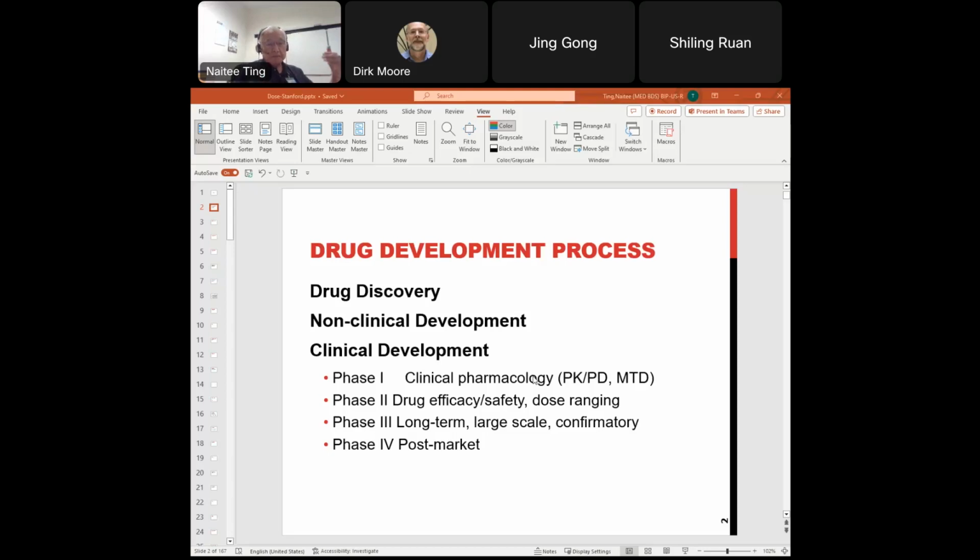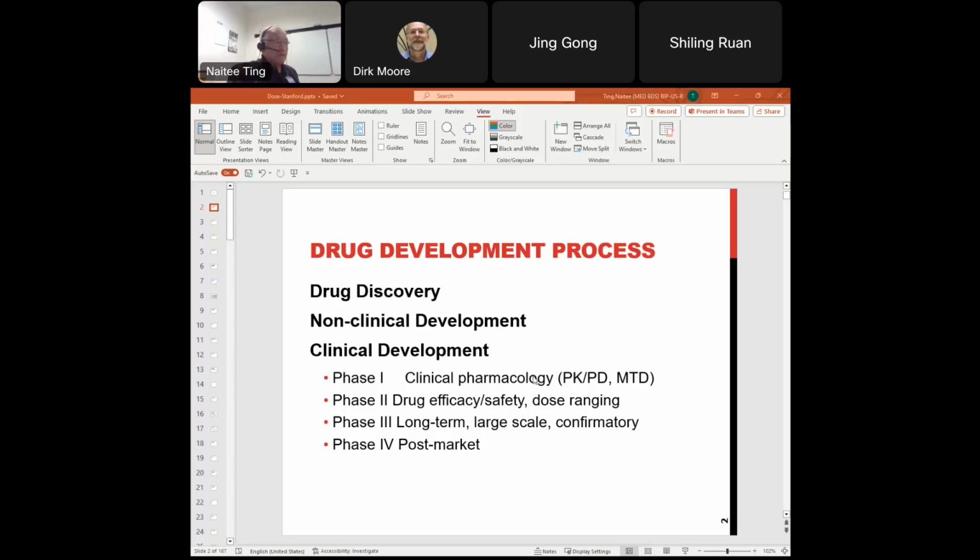The medication the patient is taking could interact with our study drug and change the metabolism system. So you want to start with normal healthy volunteers for chronic disease. You start from phase one, and you escalate up to MTD.